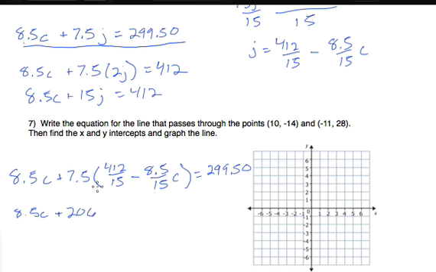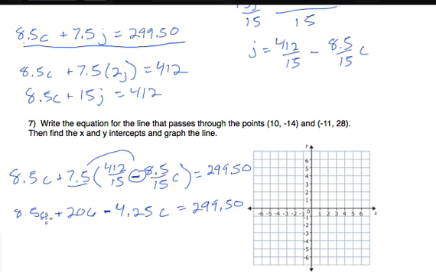And then 7.5 times 8.5 over 15, that's 7.5 times 8.5 divided by 15 equals another nice number. Now this is positive 7.5 times a negative 8.5 over 15. So that comes out to negative 4.25C, and that equals 299.5.